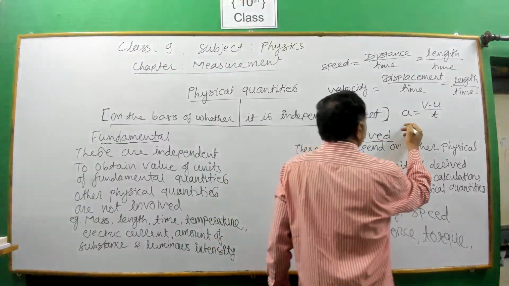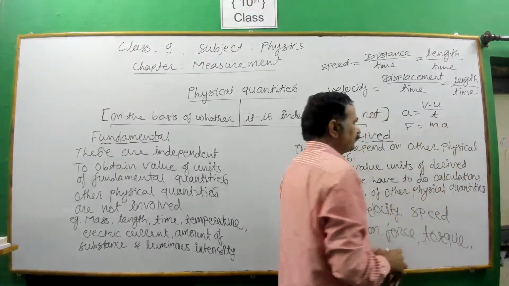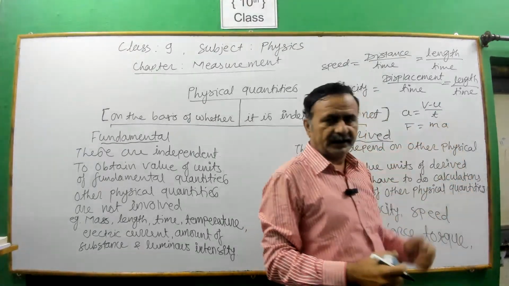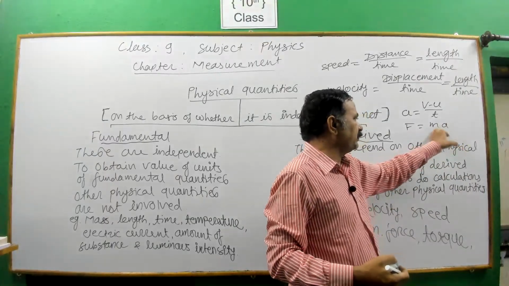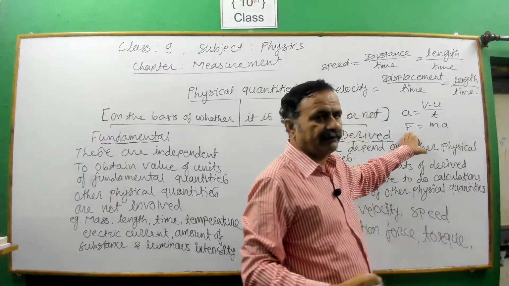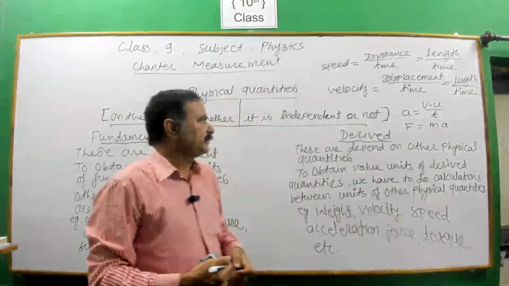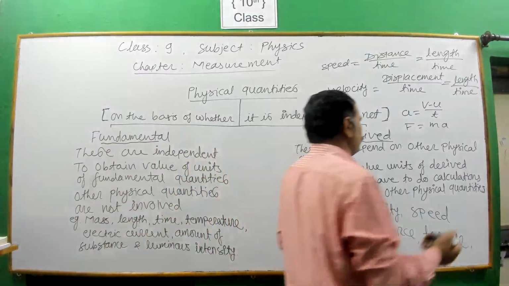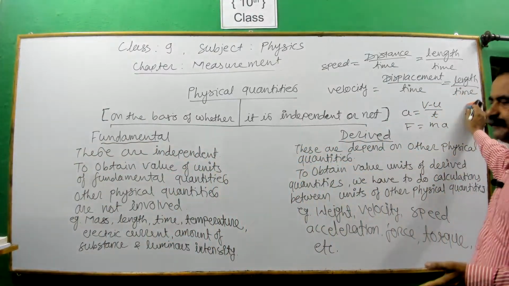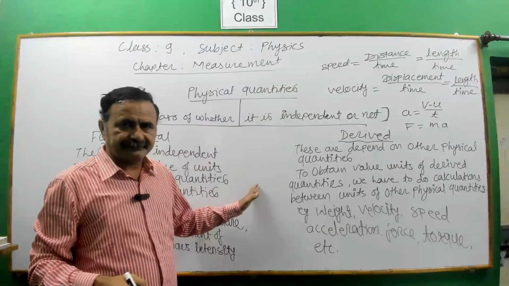Force: F is equal to m into a, mass into acceleration. ये दो physical quantity में जब हम लोग calculation करते हैं, then at that time we get the value of force. So that's why force is a derived quantity. मुझे ऐसा लगता है कि आपको ये समझ में आ गया होगा बच्चों. Did you understand the difference between fundamental and derived quantity? Part clear हो गया?